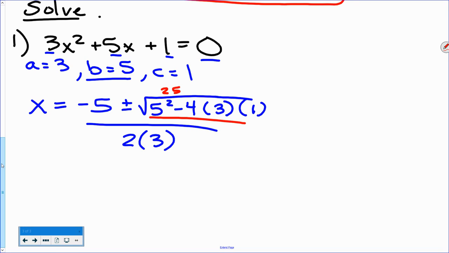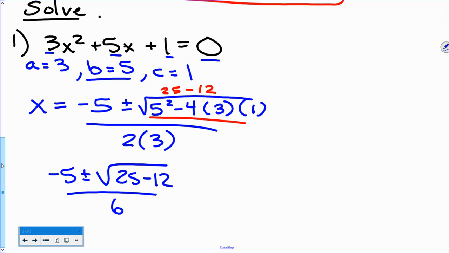I'm taking 4 times 3 times 1, which is 12. So 25 minus 12. So sometimes I write it like that instead of going, okay, -5 plus or minus 25 minus 12 over 6, would equal -5 plus or minus the square root of 13 over 6.